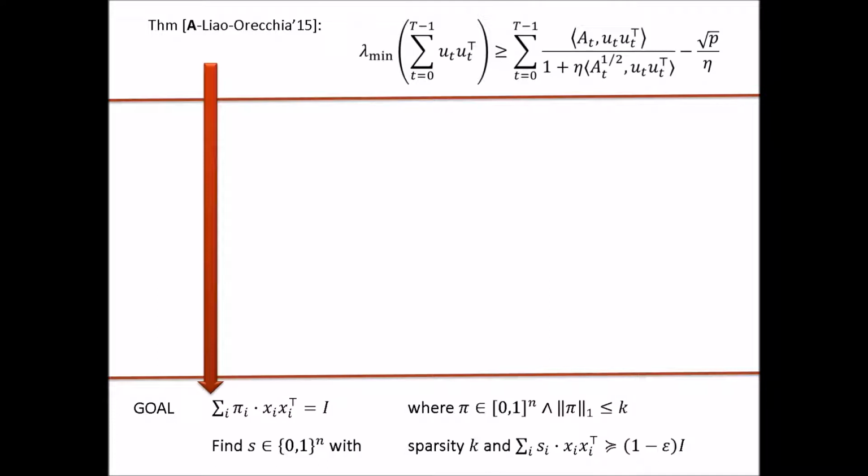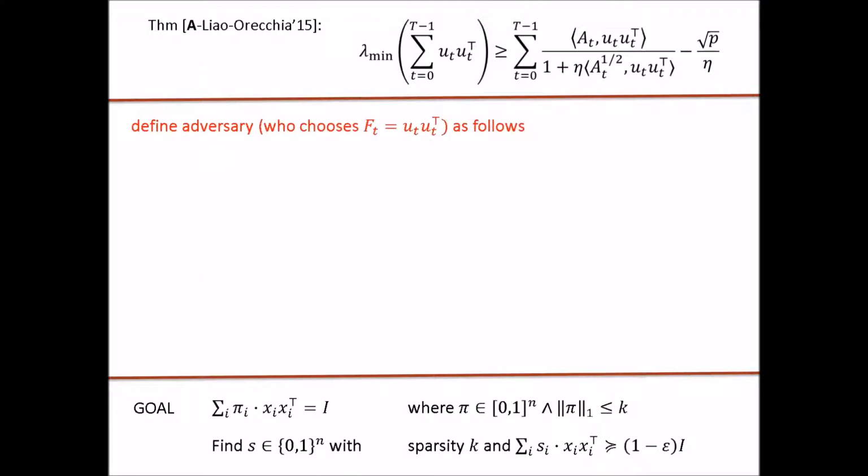So remember that I have already defined the player. The player is going to follow the strategy from follow the regularized leader, and therefore the only flexibility for me as an algorithm designer is to choose the adversary, to choose what the oracle is going to do. So I'm going to define the oracle. Remember, the oracle chooses ft equals UU transpose. I'm going to define that oracle as follows.